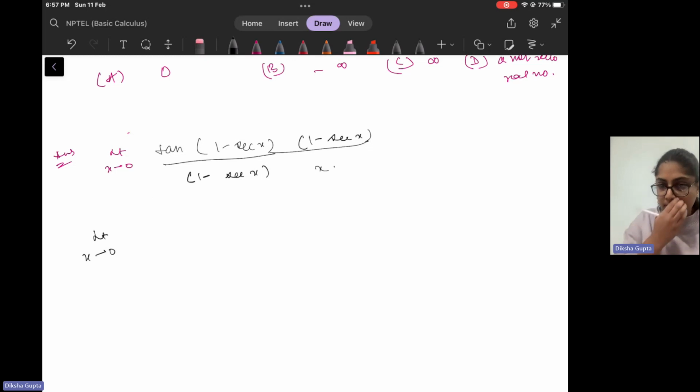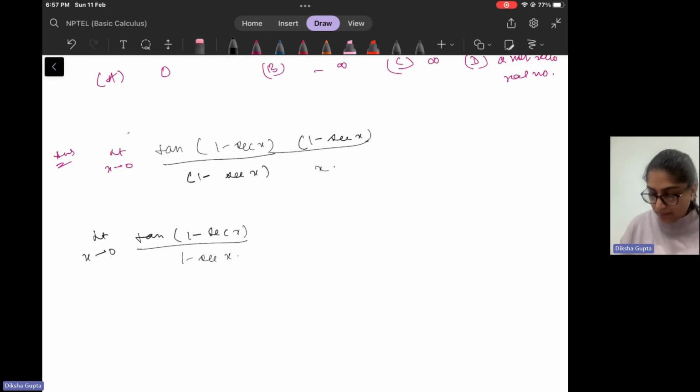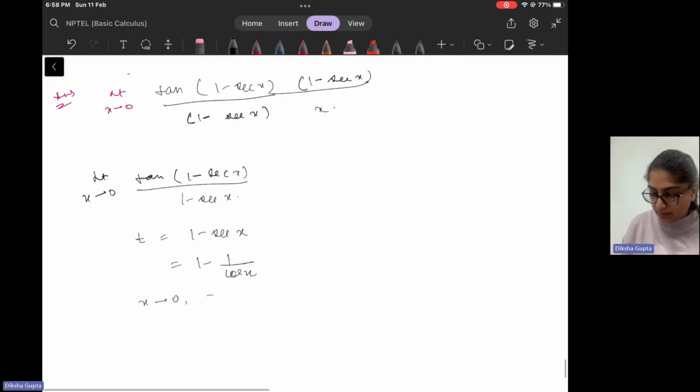So firstly, if you see limit x tending to 0, tan of 1 minus secant x upon 1 minus secant x, okay. So t equals 1 minus secant x equals 1 minus 1 by cos x. So when x tends to 0, t tends to 0. Cos x is 1, so 1 minus 1 will be 0.